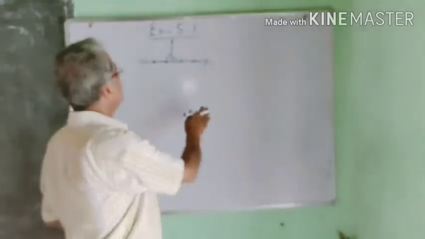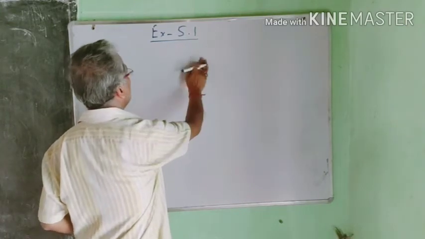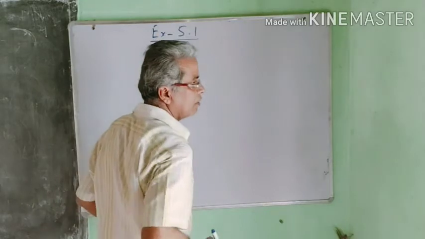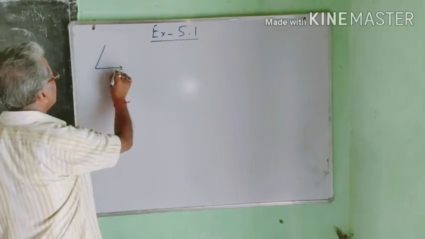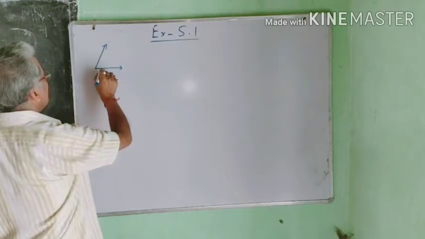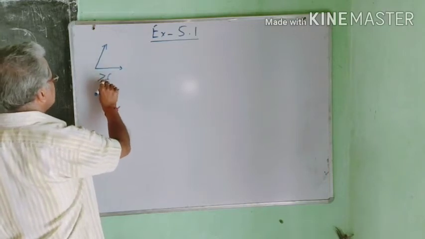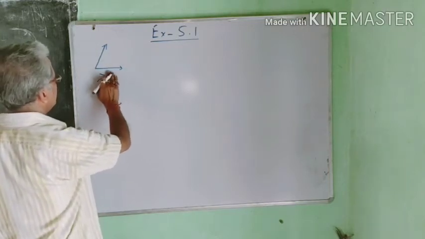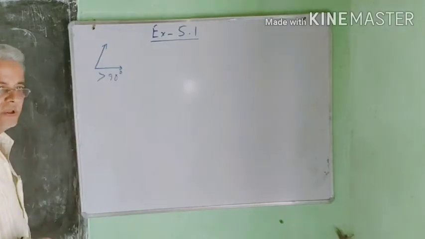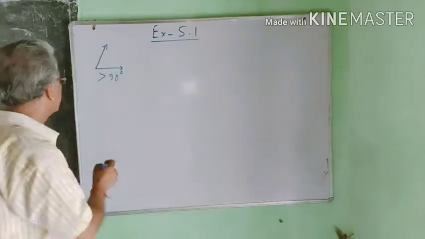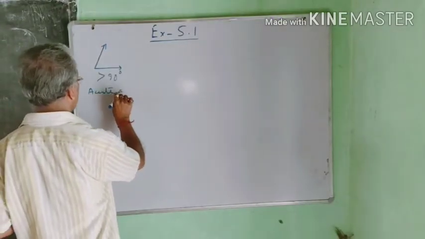Now, coming to angles. If an angle is less than 90 degree, then it is called an acute angle.